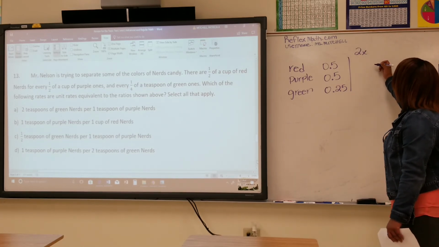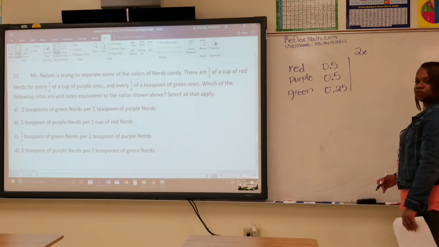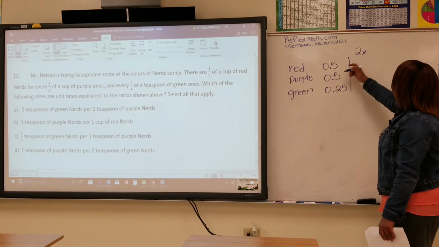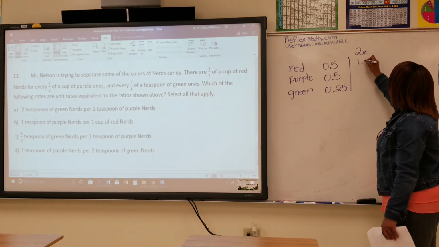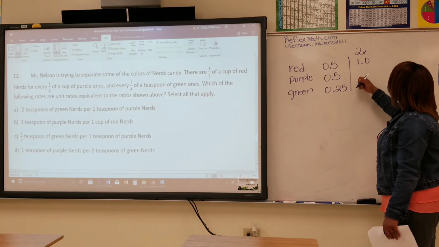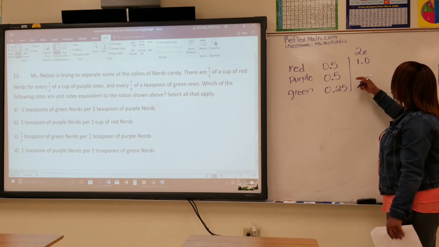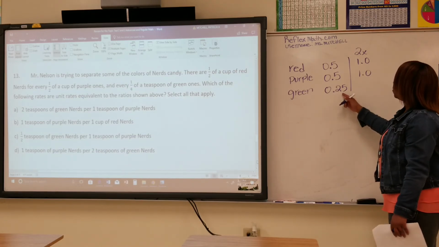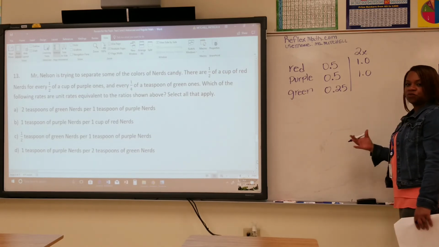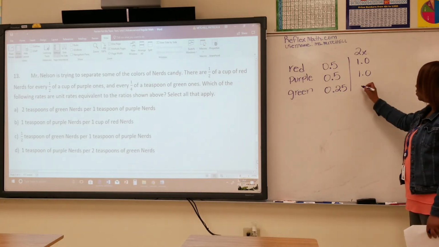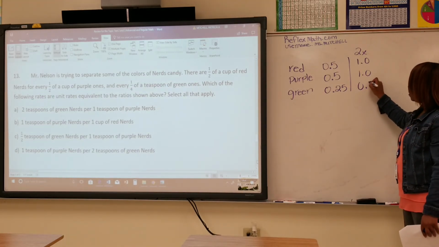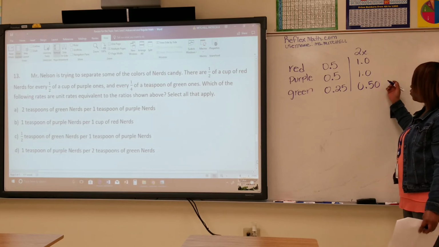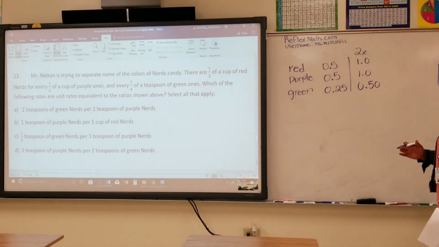But now let's double it. So let's multiply it by 2. All right, so if we did, then we would have 1.0 of red, 1.0 of purple, and for green, 25 plus 25 would give us 50, so therefore 0.50 or 0.5, whichever you prefer.